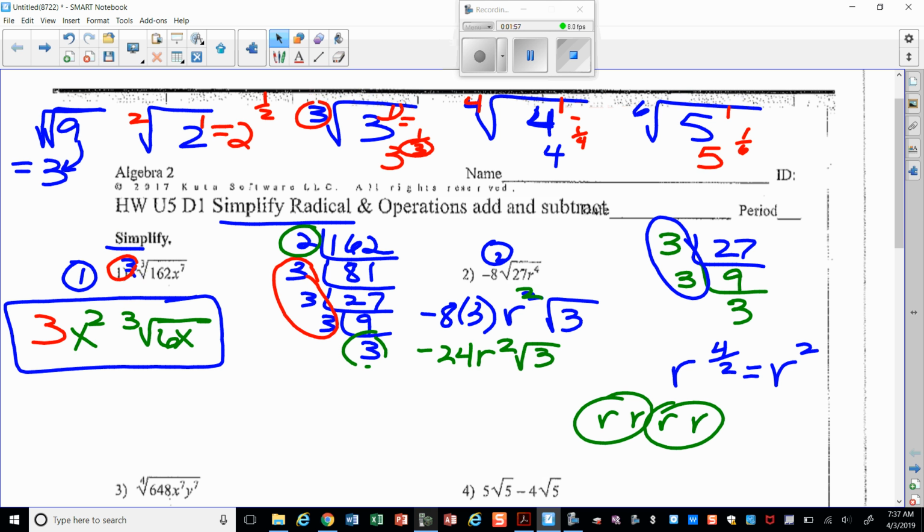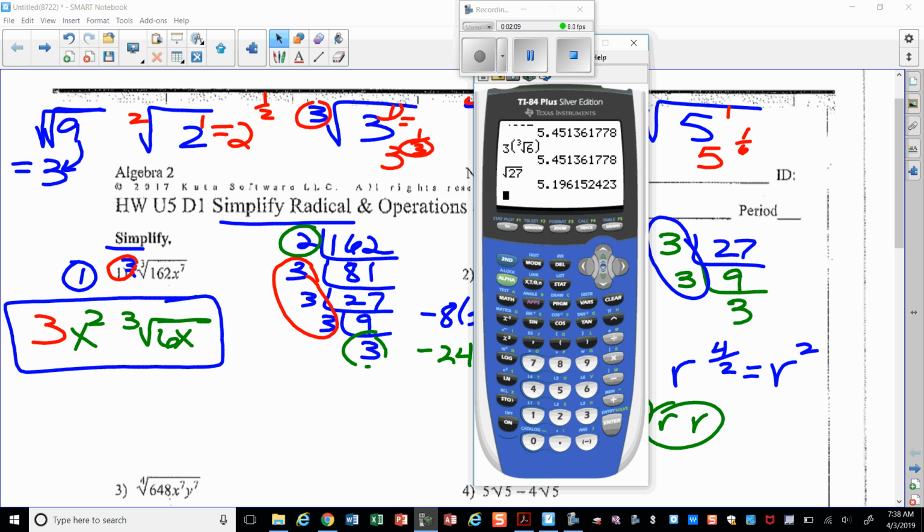And I would check that on my calculator by putting in both things, the question and the answer, and see if they're the same. So I'll put in negative 8. Move this so I can see.